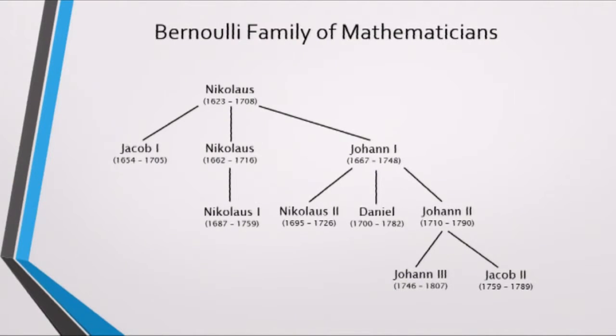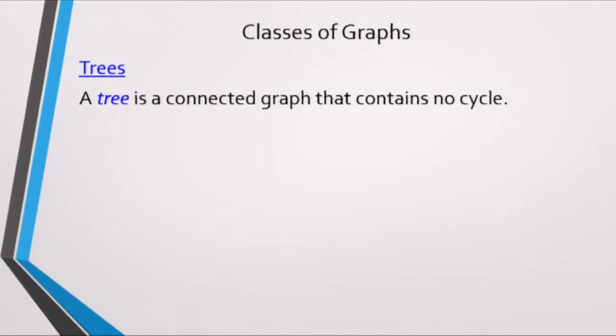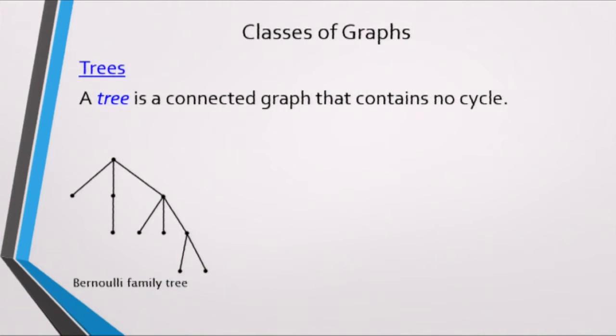So we're going to look at the class of trees. A tree is a connected graph that contains no cycles. And if we represent each person of the Bernoulli family by a vertex and join two vertices by a father-son relationship, that becomes an edge.